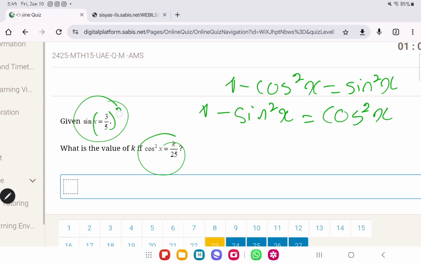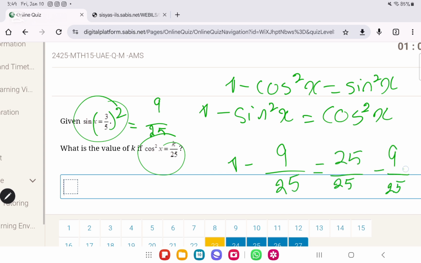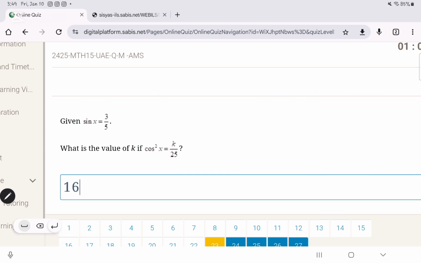First of all, we square it to get sine squared x, which is 9 over 25. So to find cosine squared x, it becomes 1 minus 9 over 25, which is 25 over 25 minus 9 over 25, giving us an answer of 16 over 25.